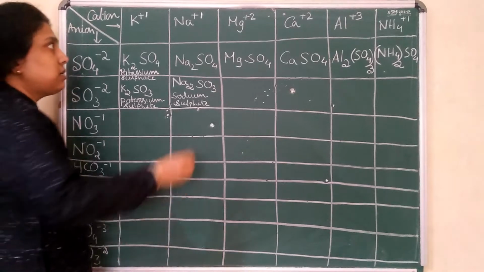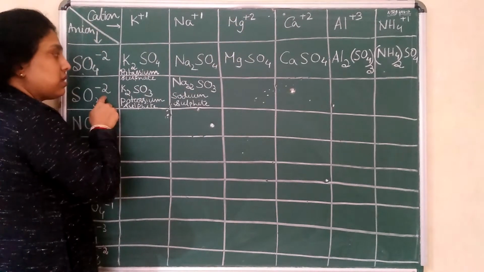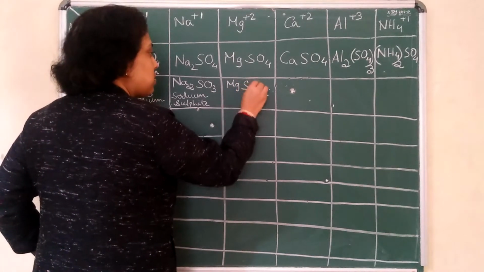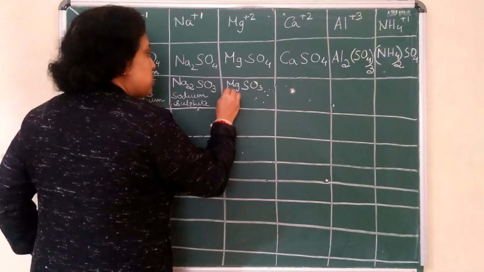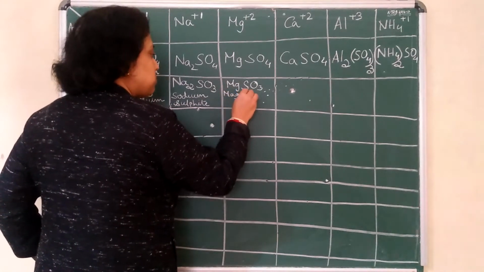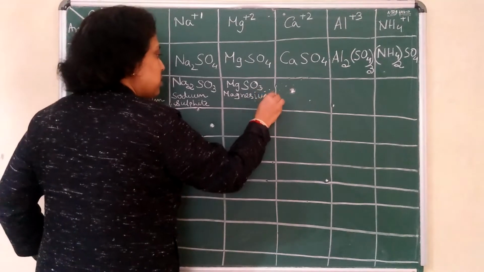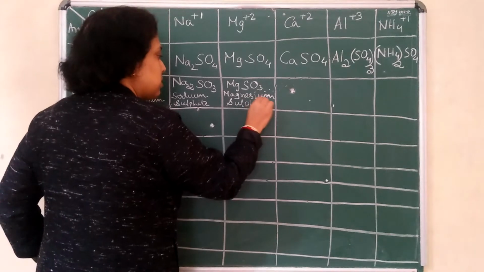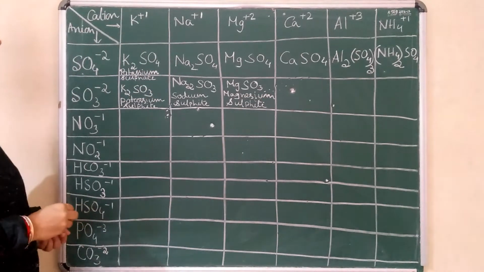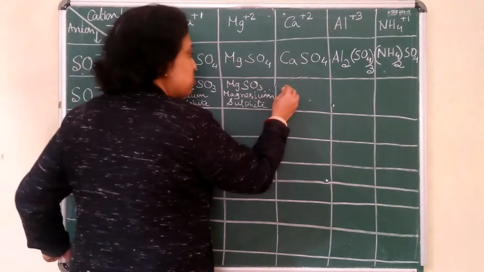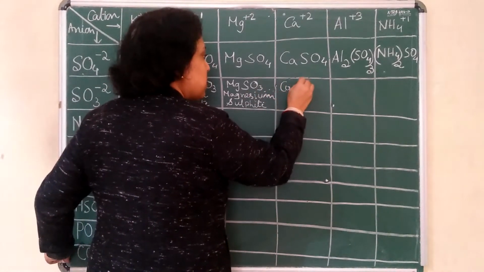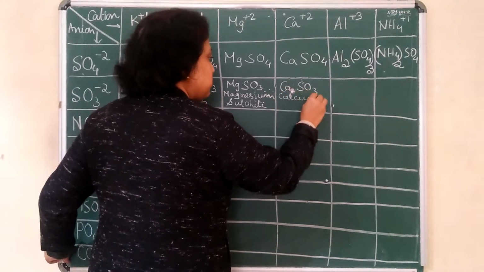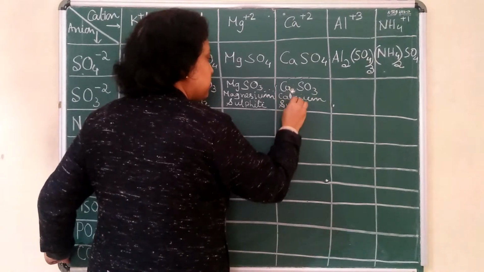Sulfite. Then magnesium 2, this sulfite also 2, so it will be cancelled out. So MgSO3, magnesium sulfite. Okay, then calcium 2, SO3 2, so the 2 cancels: CaSO3, calcium sulfite.